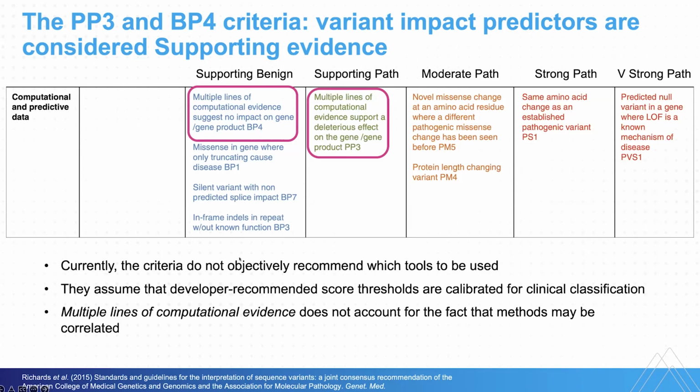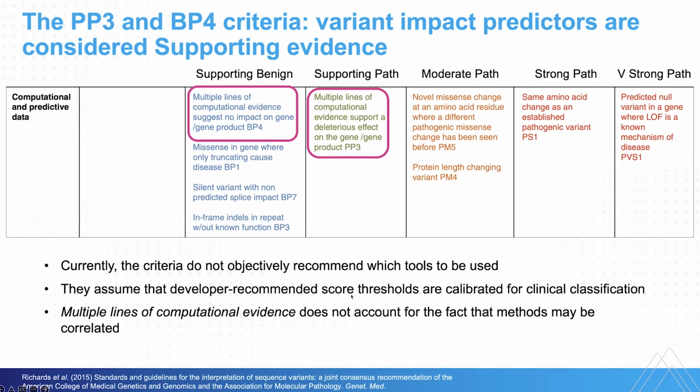And there are other aspects of the guidelines that are kind of limited in the sense that there's not a clear sense of how these methods should be used. So for example, the criteria do not necessarily recommend which tools to be used. There's no recommendation on specific score thresholds. So if you remember, I did mention that many of these methods output soft classification, soft scores.